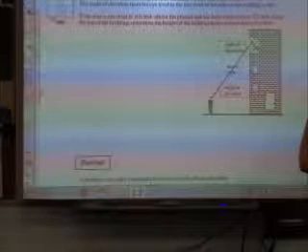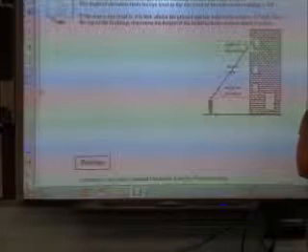So what information can I label on my building? Take a moment and take the information from the question and try to label as much of the diagram as possible. So what can I label on this diagram? What did you label, Kirsten?